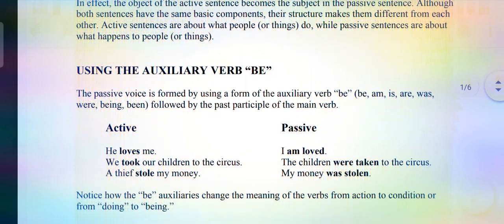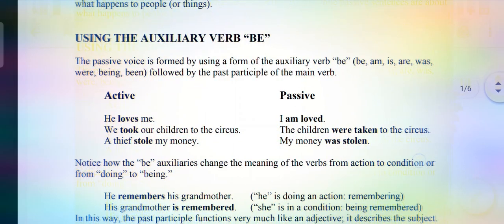Now, using the auxiliary verb be, the passive voice is formed by using a form of the auxiliary verb be: is, am, are, was, were, being, been, followed by the past participle of the main verb. Now, some examples have been given on the screen. Active, passive. He loves me.